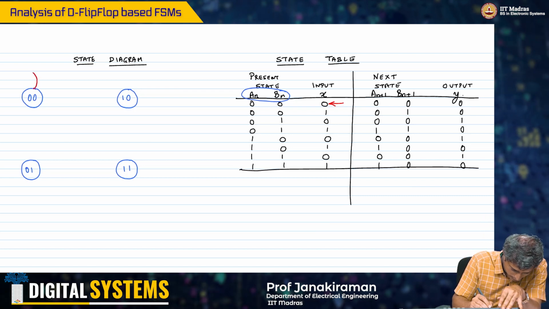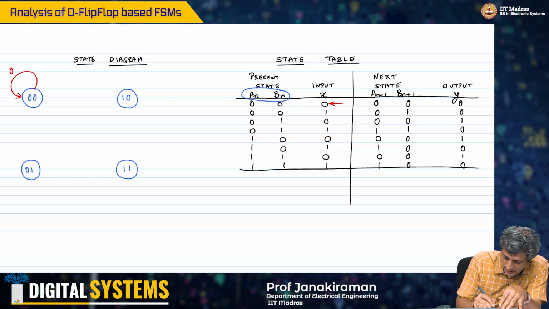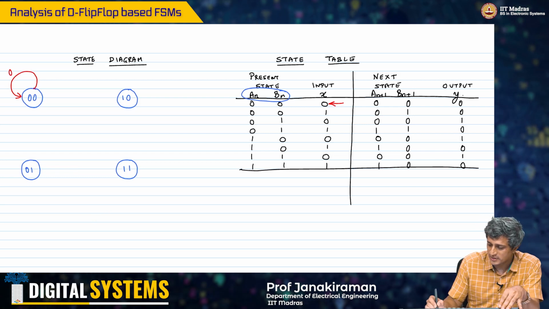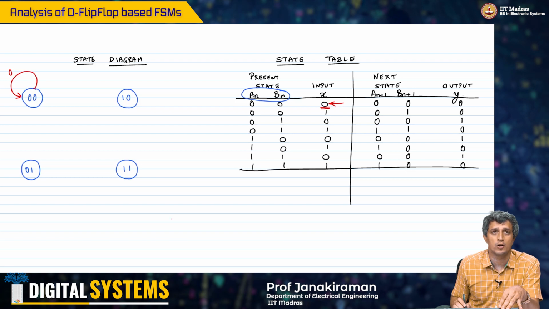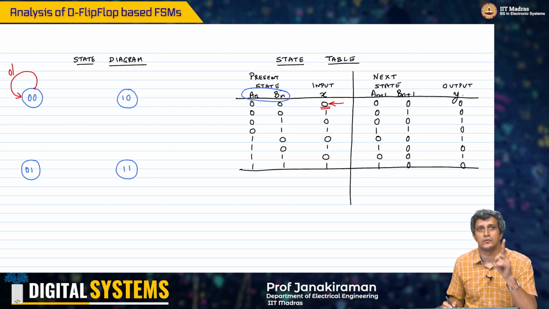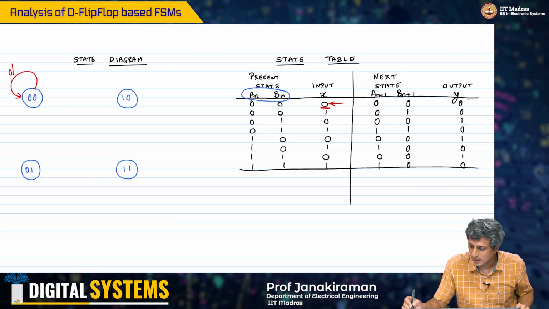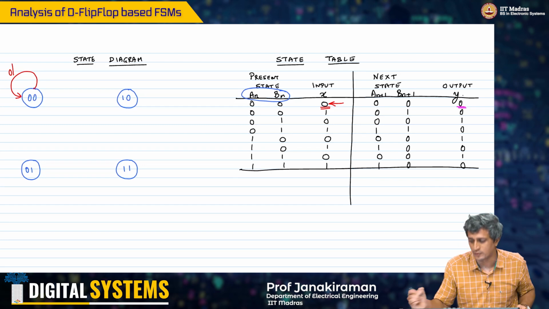Therefore, I will write an arrow like this, and I will indicate the first 0 represents this 0 here. Maybe I'll underline that. Then, in order to characterize this system fully, I need to also worry about this output.